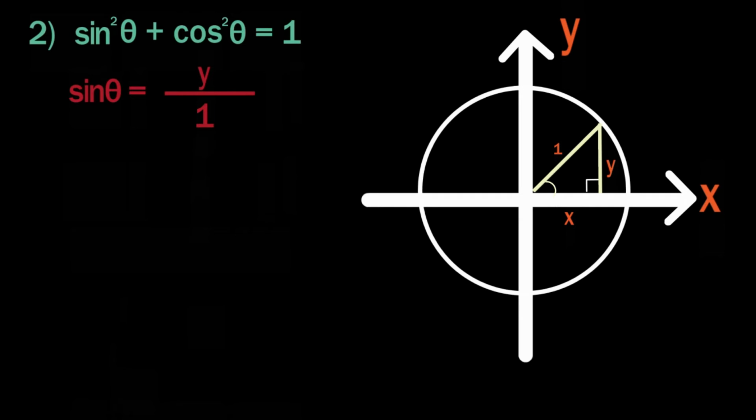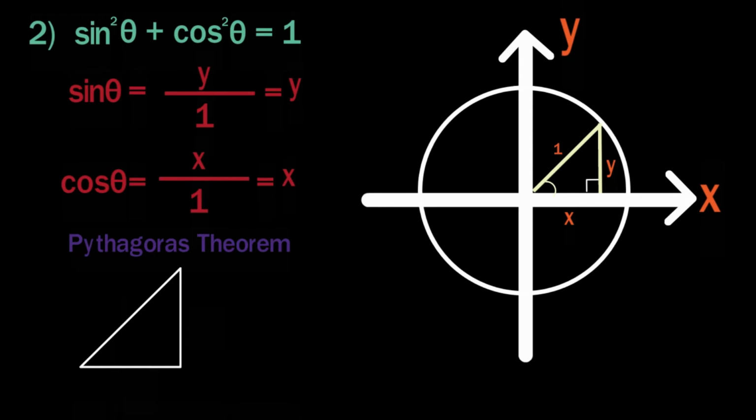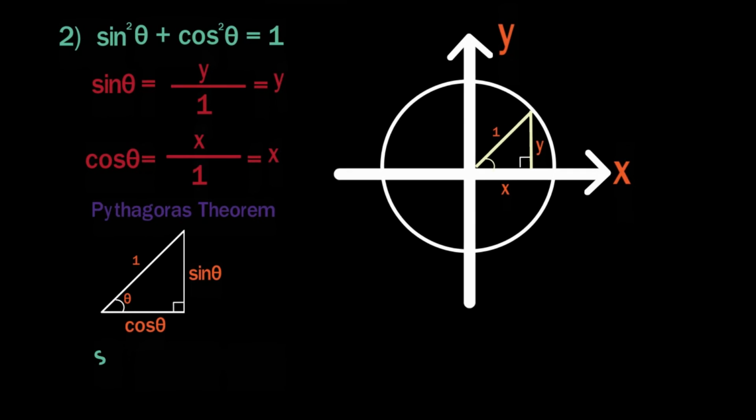And for cosine theta, we use the adjacent value, which is x over hypotenuse 1. So we get x and we get y. Once we have x and y, we use the Pythagoras theorem: the y value is sine theta, the x value is cos theta, and the hypotenuse is 1. So using Pythagoras theorem, we get sine square theta plus cos square theta equal to 1.